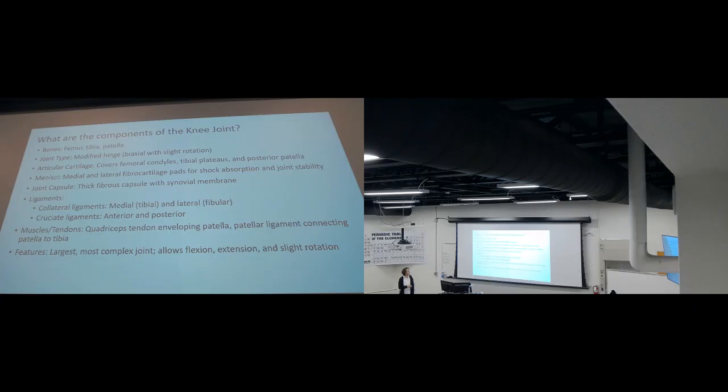In between the femur and the tibia, we have pads of fibrocartilage that we call menisci. We have a medial meniscus and a lateral meniscus. Meniscus is singular, menisci plural.